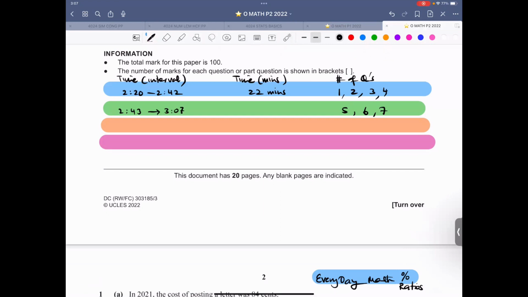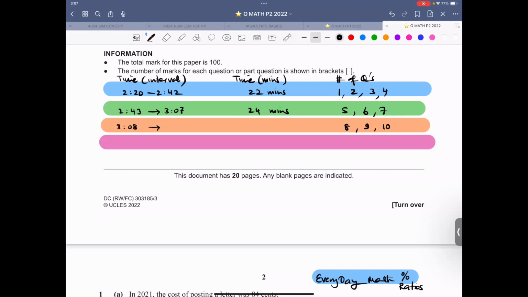So 17 minutes from 2:43 and 7 minutes from here, so this is 24 minutes for doing these questions. And now we will focus on 8, 9, and 10. Maybe there is 11, maybe there is 10, and we will see. So let's start at 3:08.